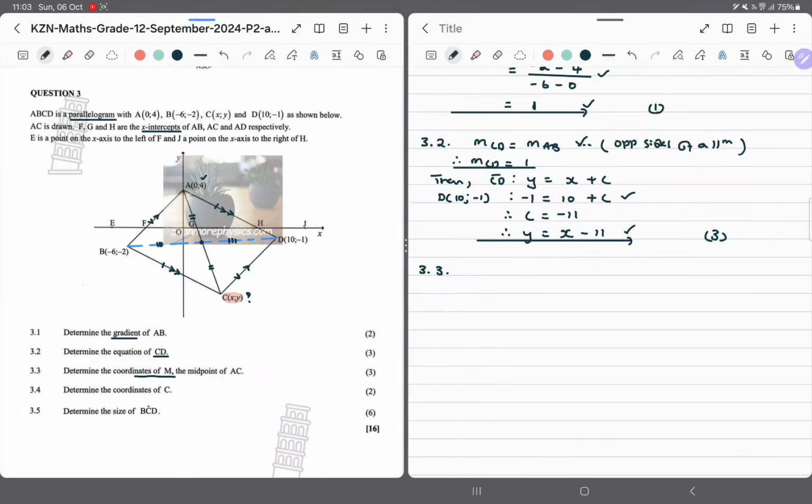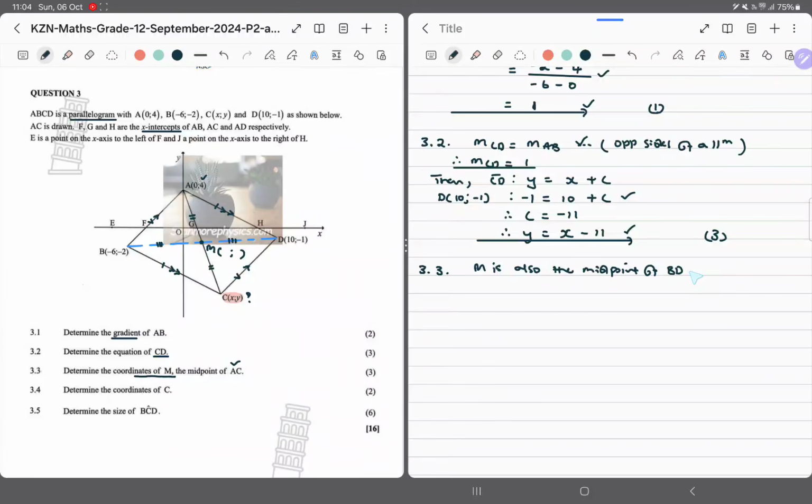Determine the coordinates of M, the midpoint of AC. Can you see exactly how we saw it? So we are told that this is point M. Okay, so we need to find those coordinates. Not a big deal. So we know that M is also the midpoint of BD.